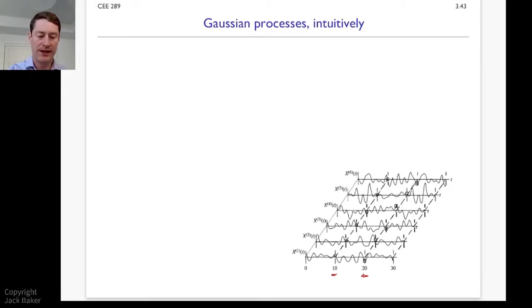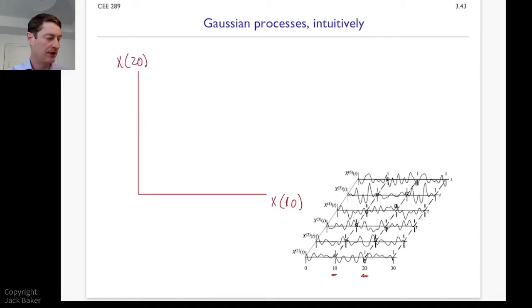So I could make a plot of x at time 10 versus x at time 20. And then I could plot contours of the probability density function. So x at time 10 is going to have a mean value of whatever the mean of the process is at time 10, and x at time 20 will have a mean value of the process at time 20.